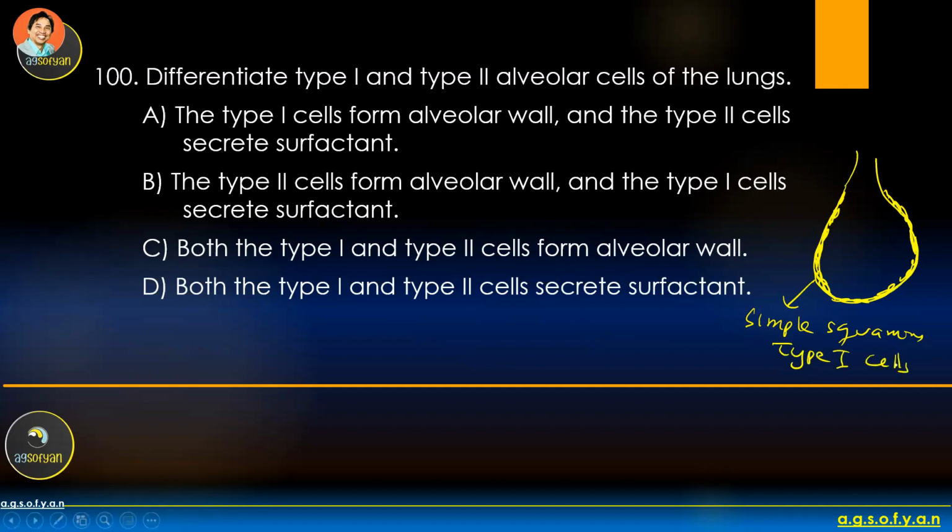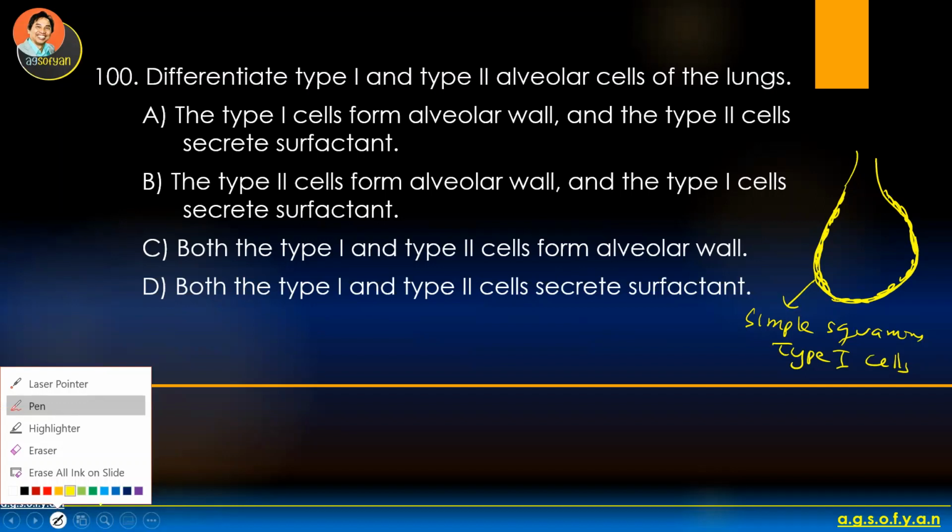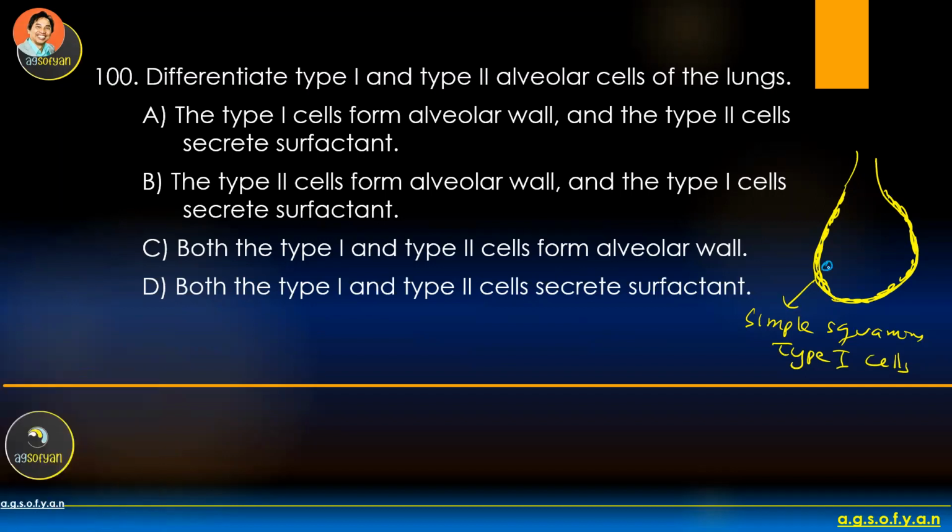There is another cell that's located in the alveoli, called a type 2 alveolar cell. This type 2 alveolar cell produces a chemical called surfactant that keeps the alveolus inflated.